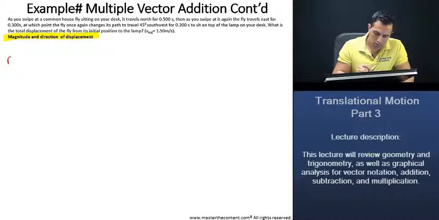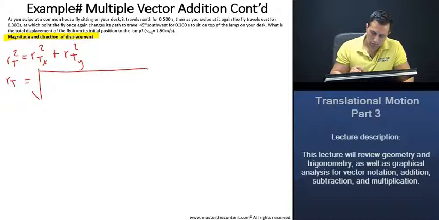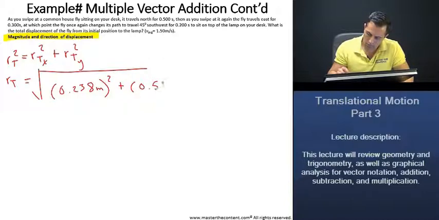If we recall, our Pythagorean theorem is just going to be the magnitude of the vector squared equals the magnitude of the x and y components squared. Wonderful. Now, once we do the mathematics behind this, recall that the x component here was 0.238 meters squared plus 0.538 meters squared.